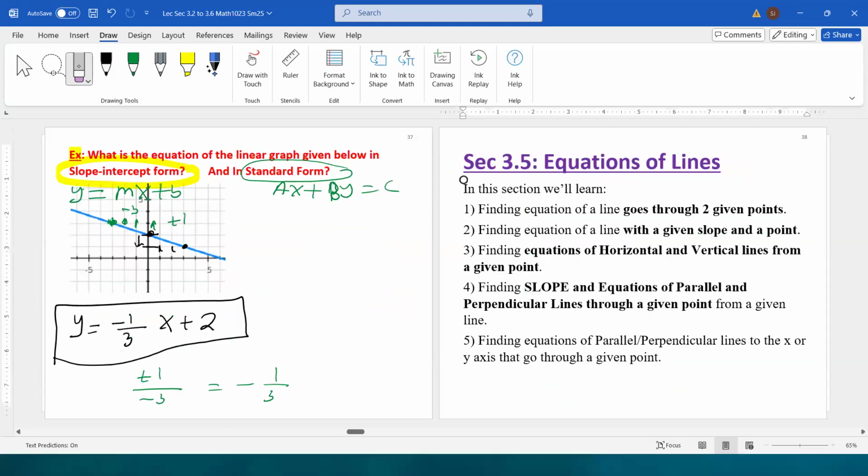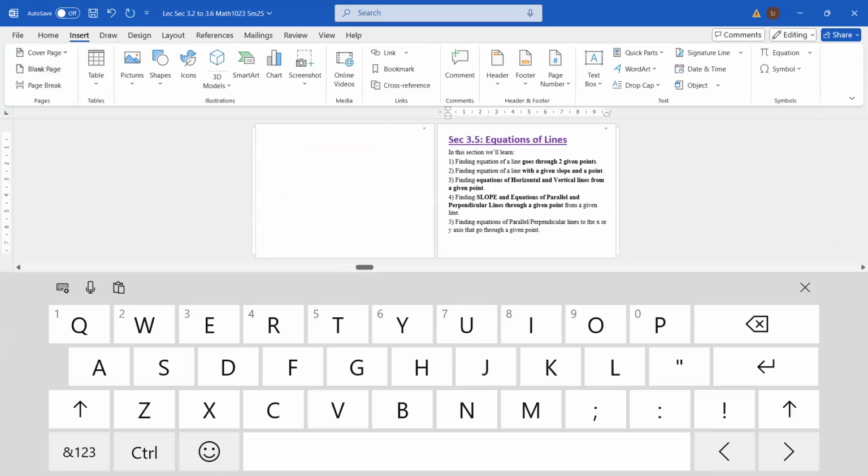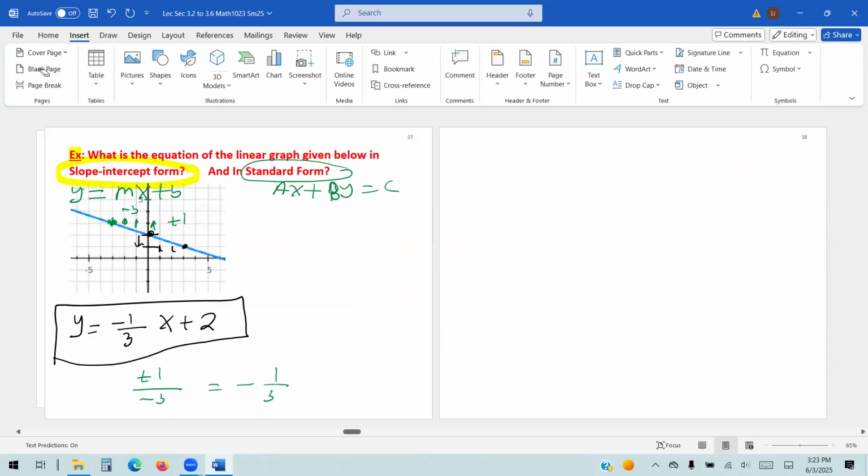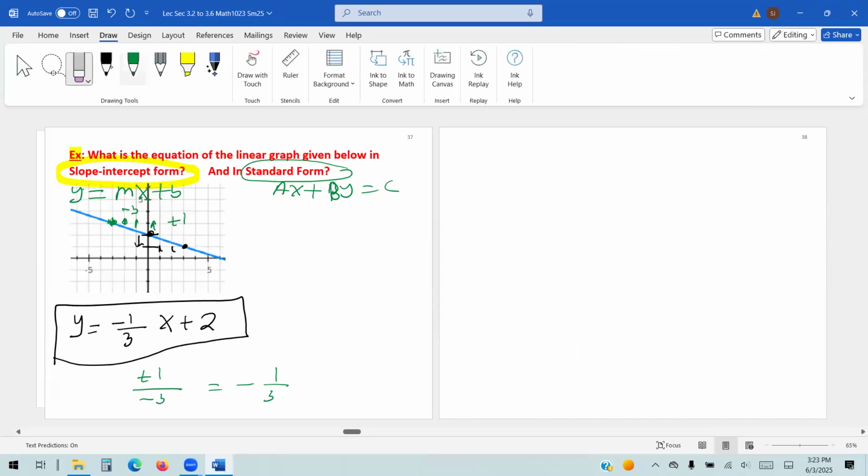So to get the standard form, we start from the slope intercept form. Y equals negative 1/3 x plus 2. We want x and y next to one another. So we need to add this amount.